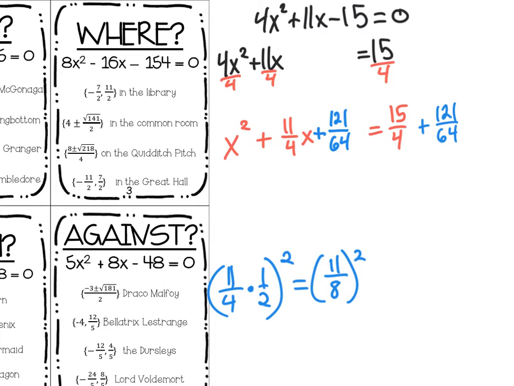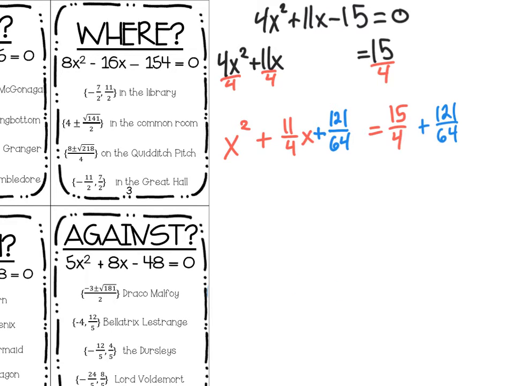Okay. So now, in order to get rid of this, what you're going to have to do is factor the left side. And on the left side, it's pretty weird, because it's a bunch of fractions. So how would I know what to factor this to? Well, this right here is always going to be half of your b term. We just did this, but half of my b term would be the 11 over 8 that we just got.